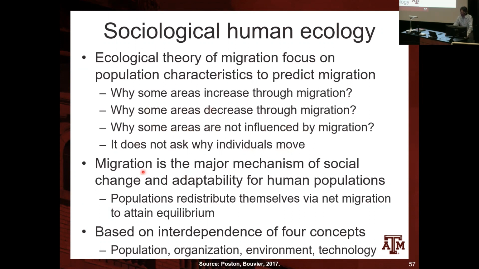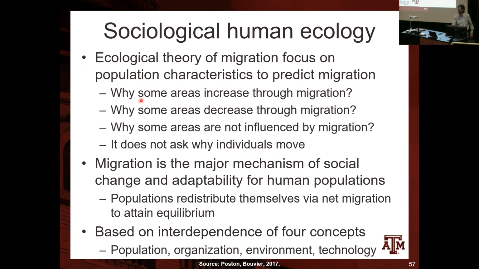Migration is the major mechanism of social change and adaptability for human populations. Populations will redistribute themselves via net migration to attain equilibrium. It's a little related to the neoclassical approach of equilibrium, but it's not focusing on individual decisions.